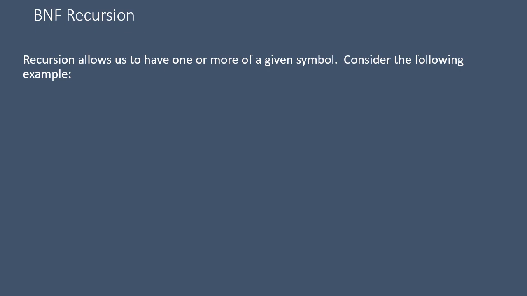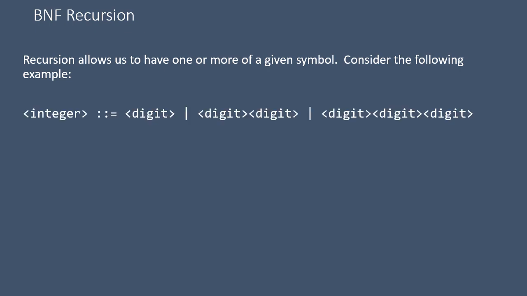Recursion in Backus-Naur form allows us to have one or more of a given symbol. Let's have a look at an example here where we have an integer that can either have a single digit, 2 digits, or 3 digits.